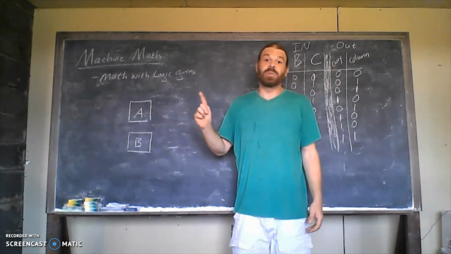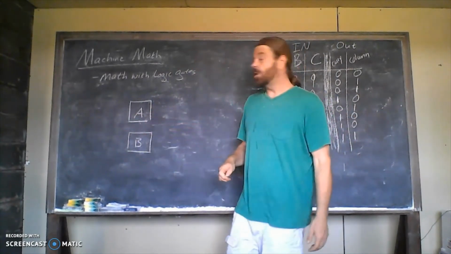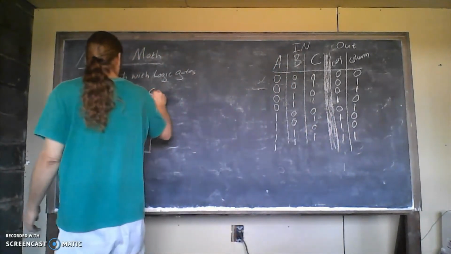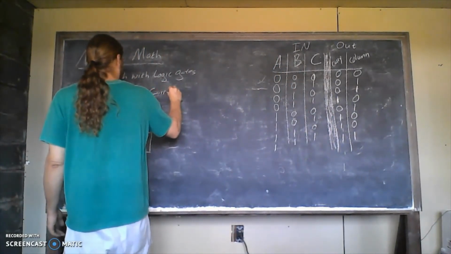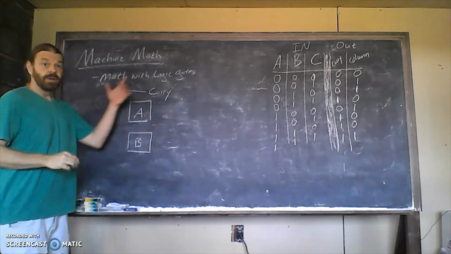We can deal with it one bit at a time instead of the whole thing at once. So we have two registers holding our numbers, and then we might have a carry bit coming from another column.